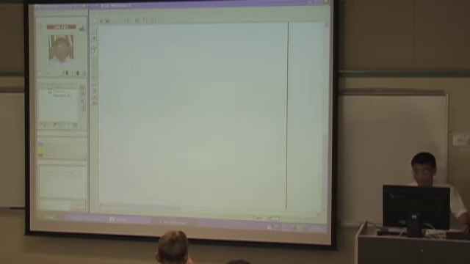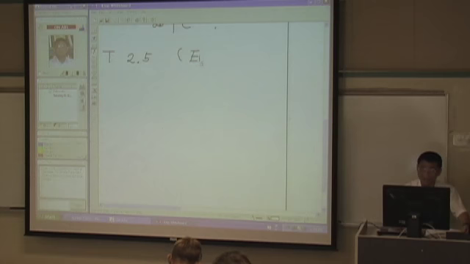Theorem 2.5, sometimes called Euclid's lemma.